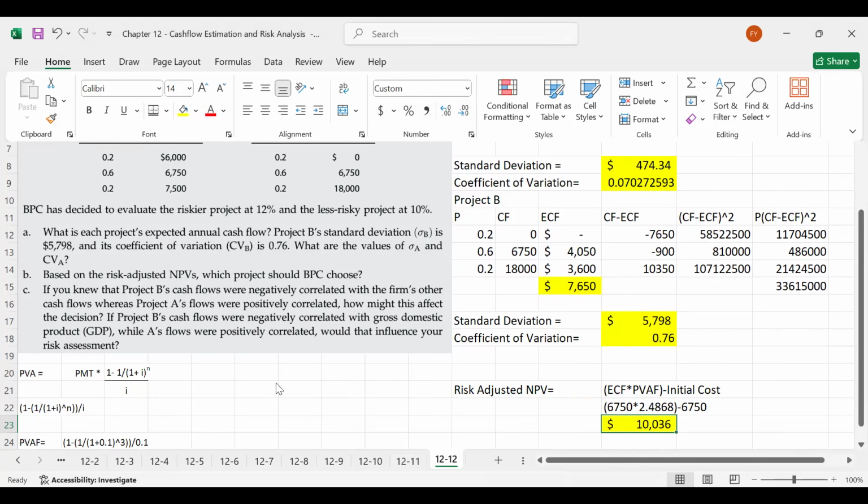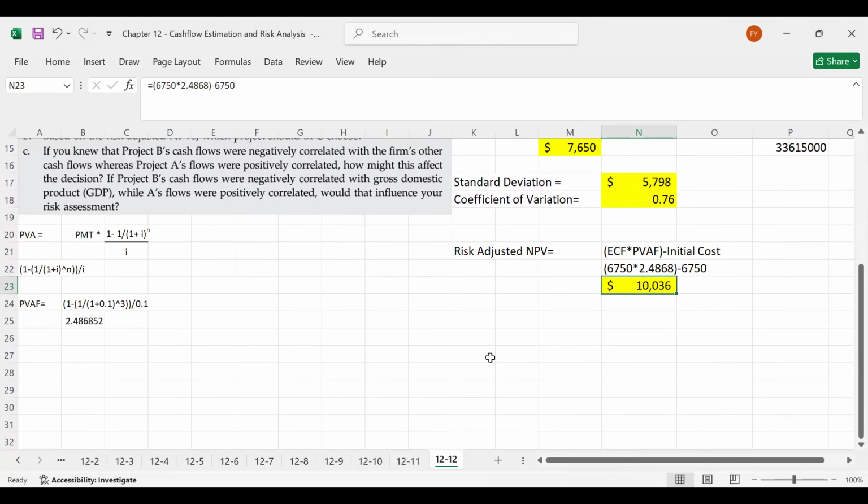Next, for project B, we are going to repeat the same, but the present value annuity factor will be calculated again, as the rate is different.